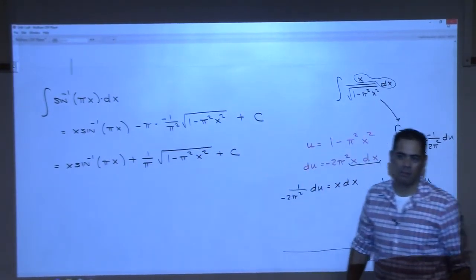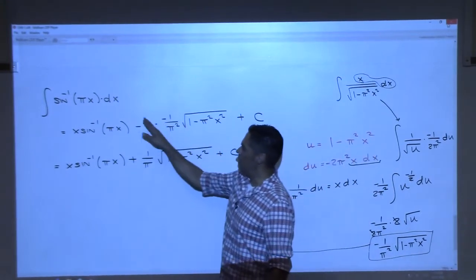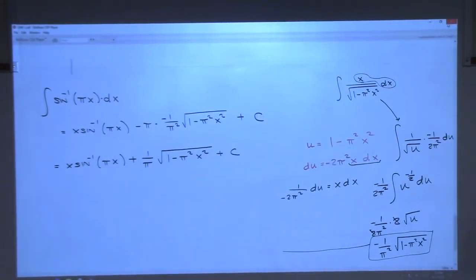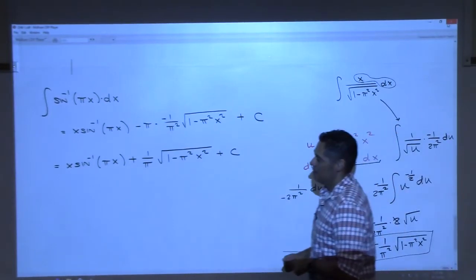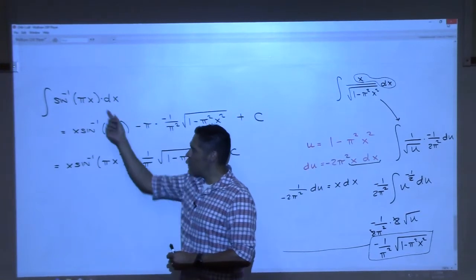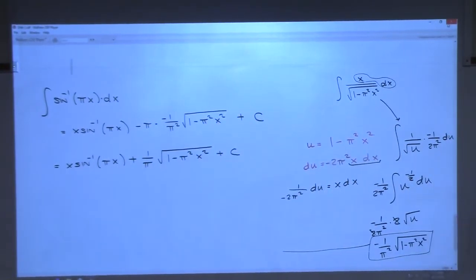There we go. So I just made the minus minus a plus right here, and I cancel one of the pi's. Now, if we take the derivative of this, we should get that. Right? That's what should happen.